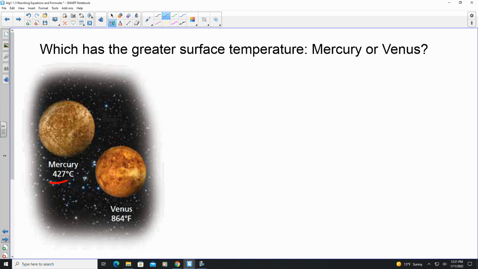Since Mercury has a temperature of 427 degrees Celsius, what I would try to do is convert that into Fahrenheit. How could I do that? Well, you could even do the other way, however you want to choose. If you want to use the formula, C is equal to 5/9 times the quantity of F minus 32, we can go about doing that.